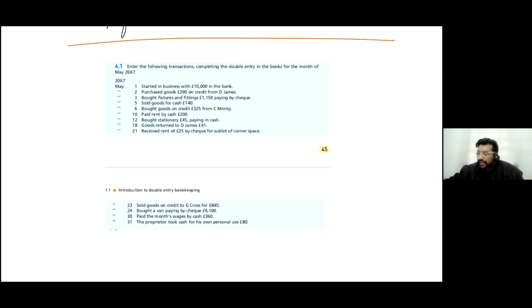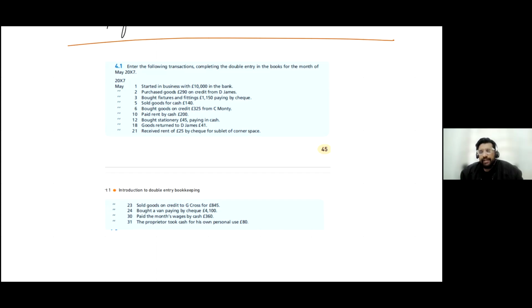Some of the entries we know. The first entry is started in business with 10,000 in the bank. So bank debit, capital credit. Purchase goods 290 on credit from D. James. So purchase is debit and D. James credit. Bought fixtures and fittings, paying by check.